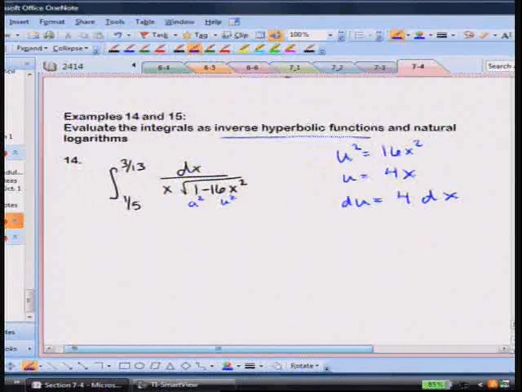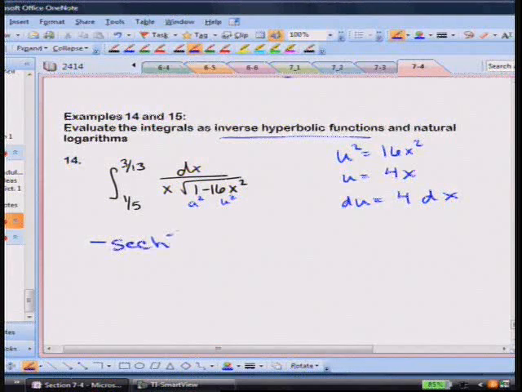So we will have negative inverse hyperbolic secant of u over a, which was the 4x.